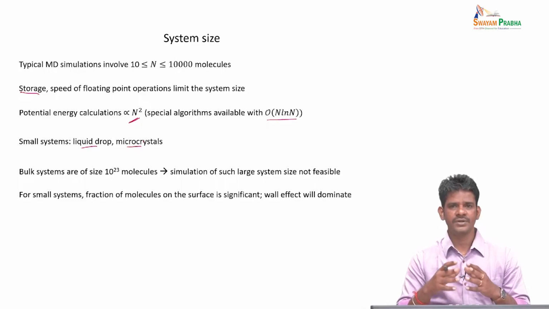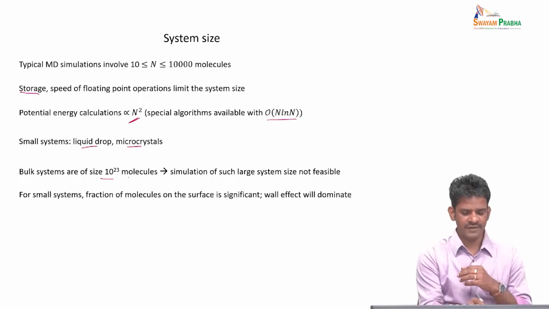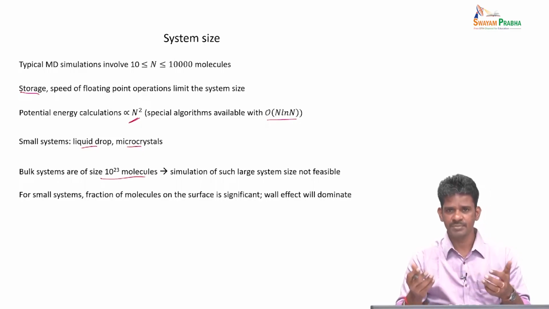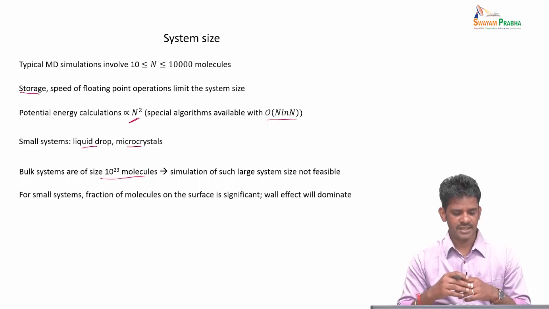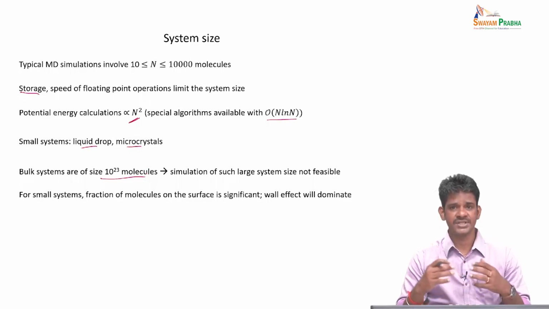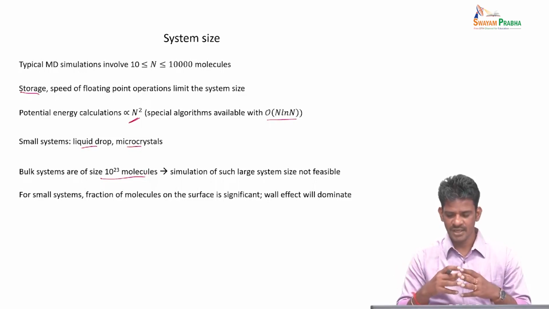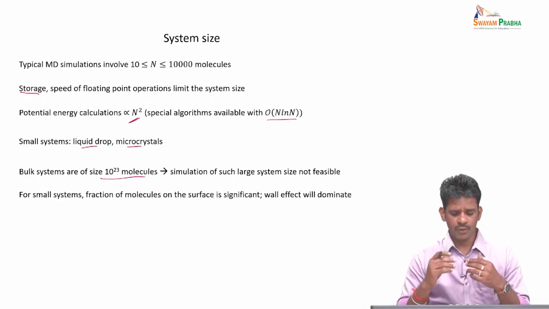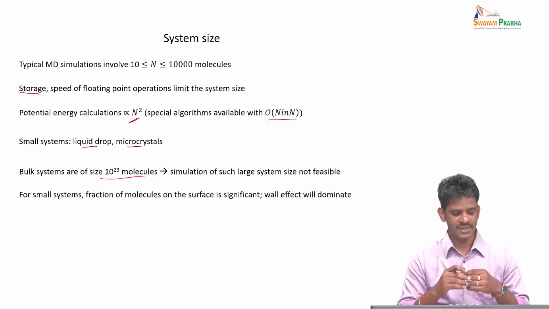However, if you want to predict the behavior or measure properties of bulk systems, which are of the size of Avogadro number, 10 to the 23 molecules or particles, then doing simulation with such a large number of molecules is not possible with current computing capabilities. So then, how do we study bulk systems?